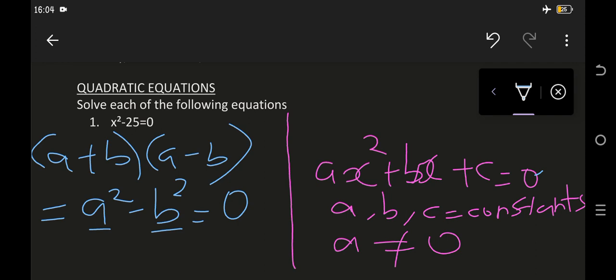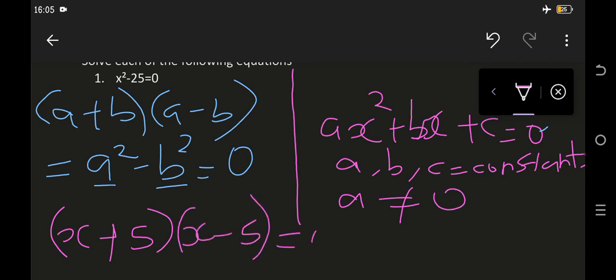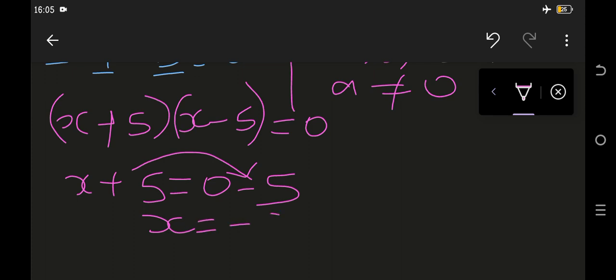If you have x squared, the square root of that is x, plus b squared, 25, you find the square root of 25, that is 5. So you will have x plus 5 times x minus 5 is equal to 0. Now let us find the values of x. You will write x plus 5 is equal to 0. Positive 5 will cross over to become negative 5, so that you have your first value of x being negative 5.